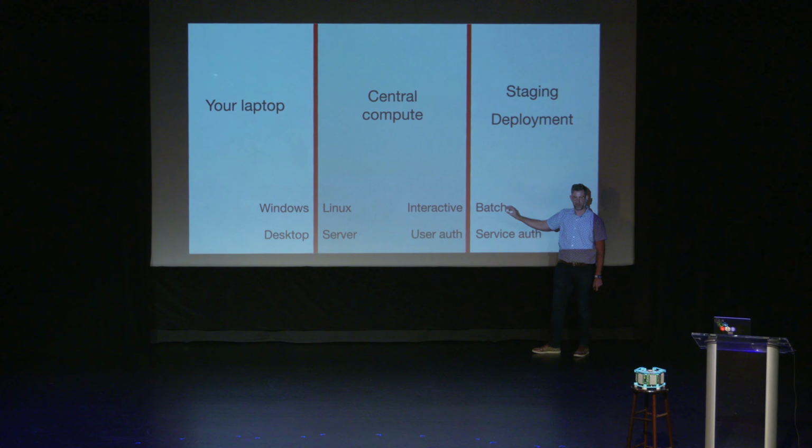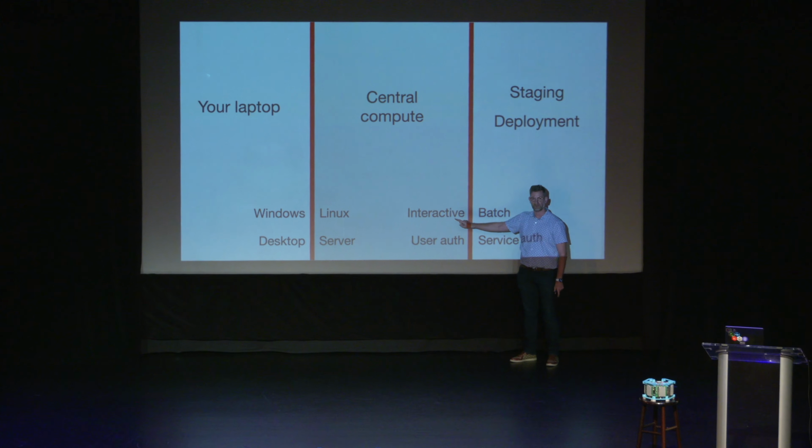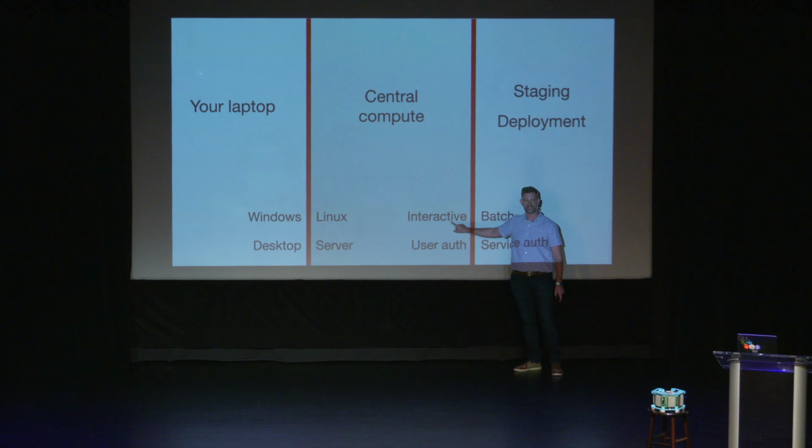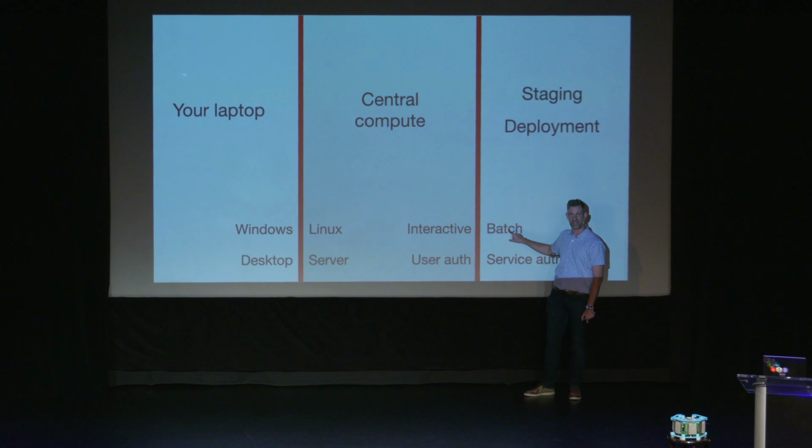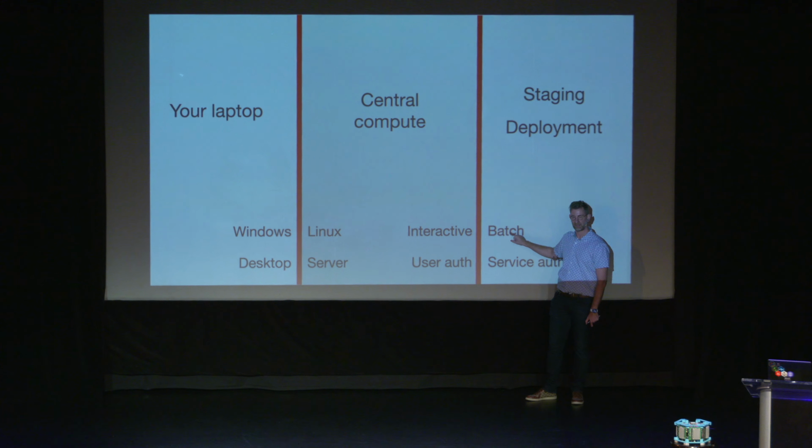Then, as Mark pointed out, there are some major pain points moving from an environment where you can debug interactively to an environment where you run a script and 30 minutes later, you get an error message back.